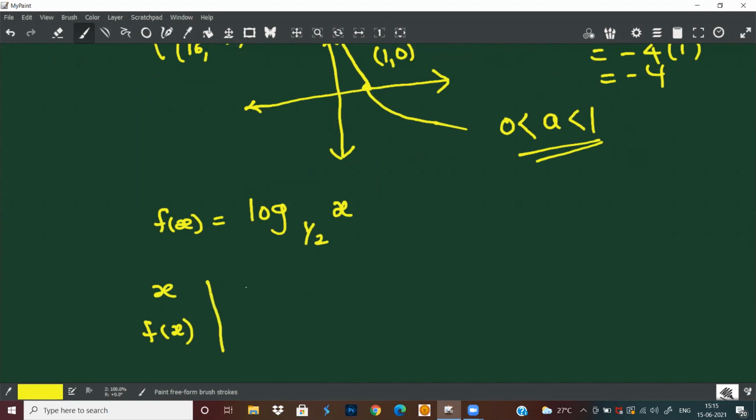Now you take x as 16, suppose I keep the same values. So log of 16 to the base half, 16 is 2 raised to 4, meaning half raised to -4. Correct? So its answer is -4. So my first point is (16, -4).